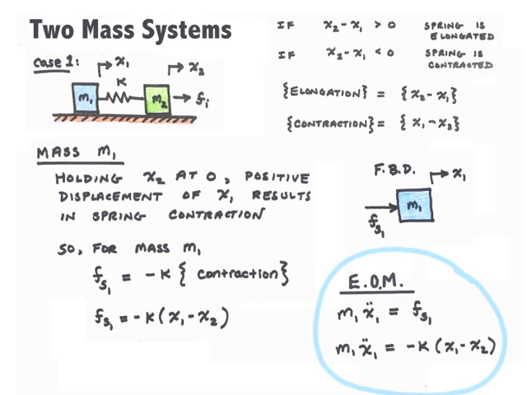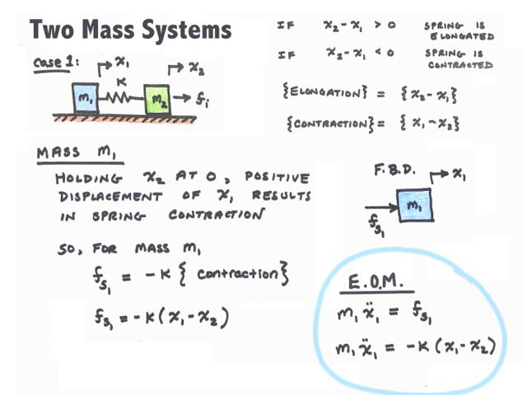From the free body diagram, we can write the equation of motion for mass 1. It will be m1 x1 double dot equals the sum of the forces acting on mass 1, which is the spring force, Fs1. Note I wrote m1 x1 double dot equals Fs1. That's because Fs1, as shown in the free body diagram, points to the right, which is the same direction as positive x1.